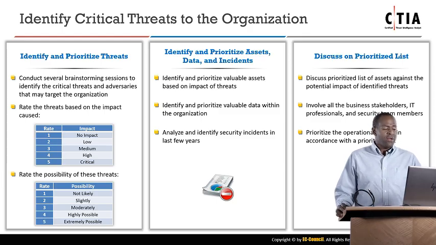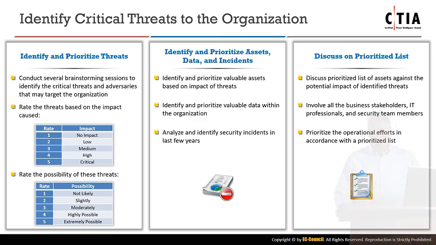So we have a rating system of 1 to 5 in this example, 1 being no impact, all the way through 5 being critical. And then you rate the possibility of a threat, 1 being not likely, to 5 being extremely possible.